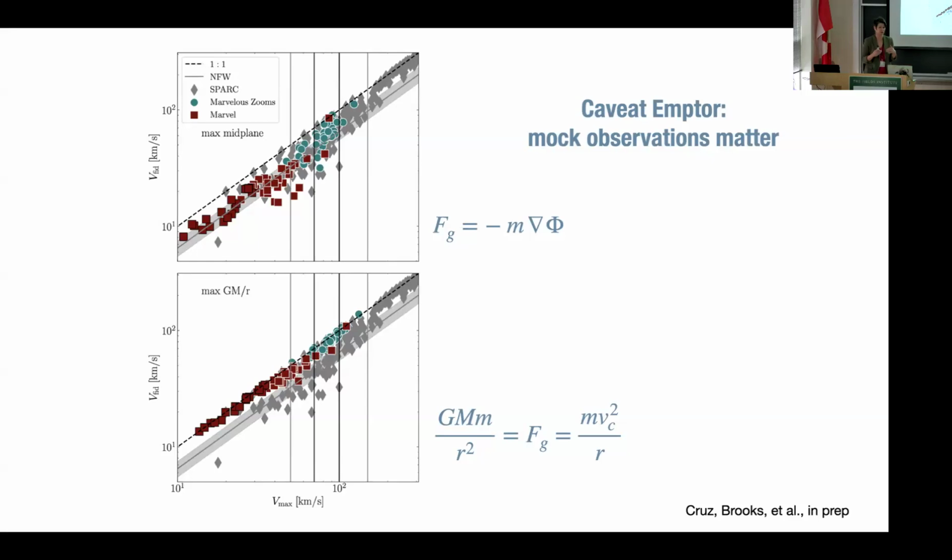You can easily throw your dwarf out of equilibrium. And so if you use the mass enclosed, you do not get diversity, right? But the minute you instead start using the gravitational potential in the midplane, you get something that is closer to what an observer is going to measure. And that is where the diversity is really showing up. Okay, so that is one thing to keep in mind.